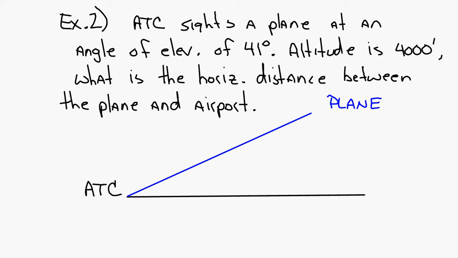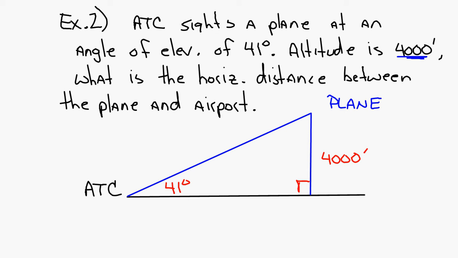Pilot said the plane has an altitude of 4,000 feet. So remember that an altitude is a segment from a vertex to its opposite side that intersects at 90 degrees. So here's your setup. There's your 90-degree angle. Your angle of elevation is 41 degrees, and the plane is 4,000 feet above the ground.